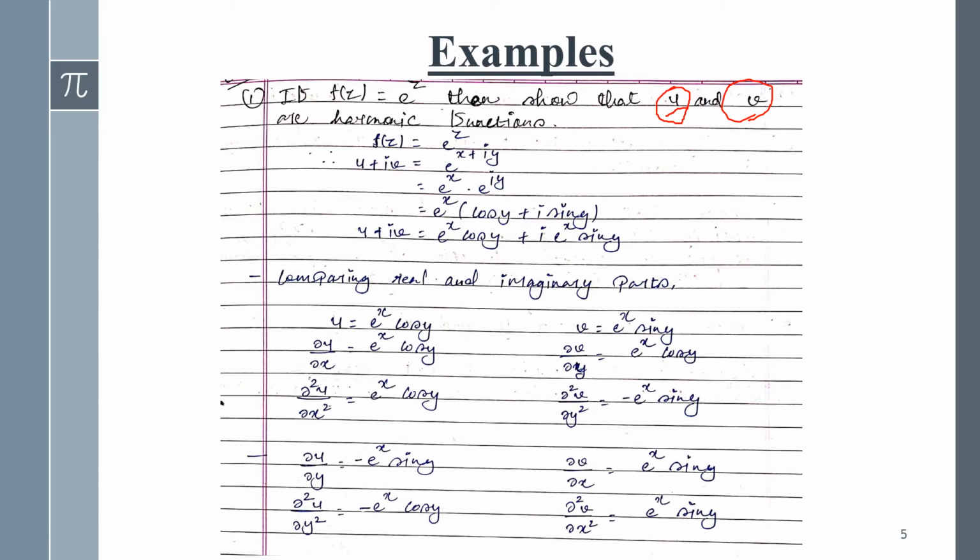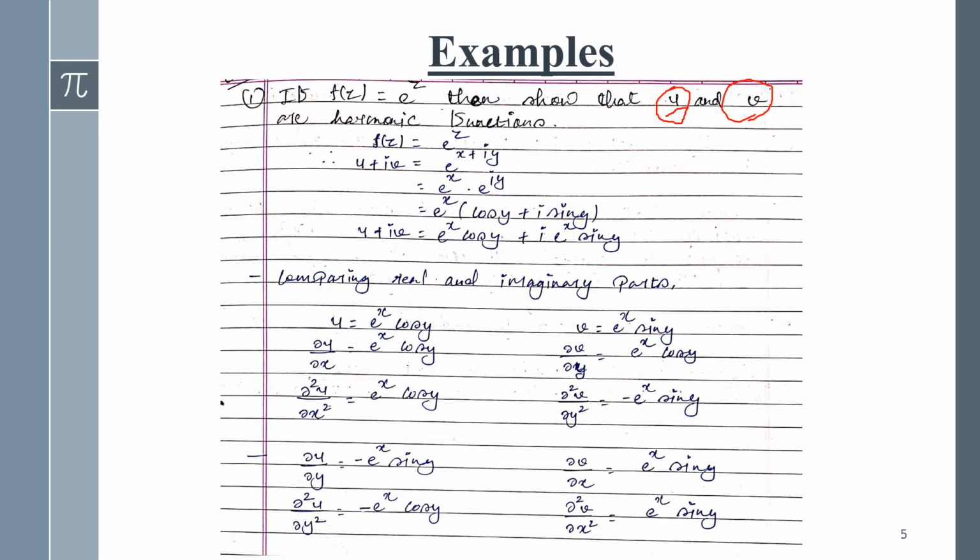Now using the exponential rule, e raised to x into e raised to iy, because the base is the same, right? So we can separate it into different forms. So e raised to x as it is, and e raised to iy, that is e raised to i theta, will be cos theta plus i sin theta. So here it becomes cos y plus i sin y.